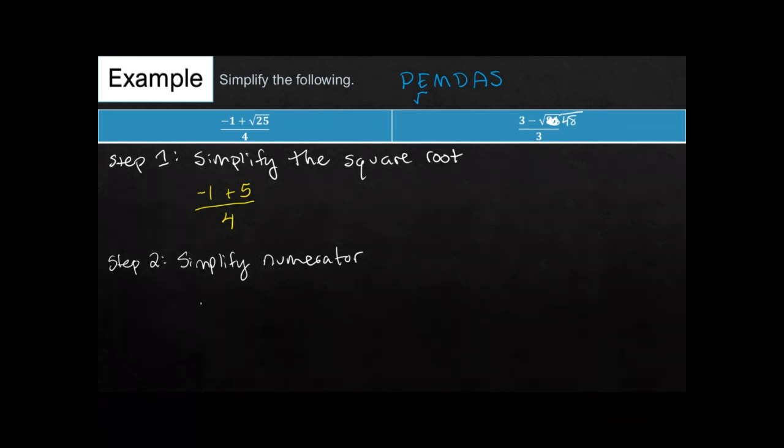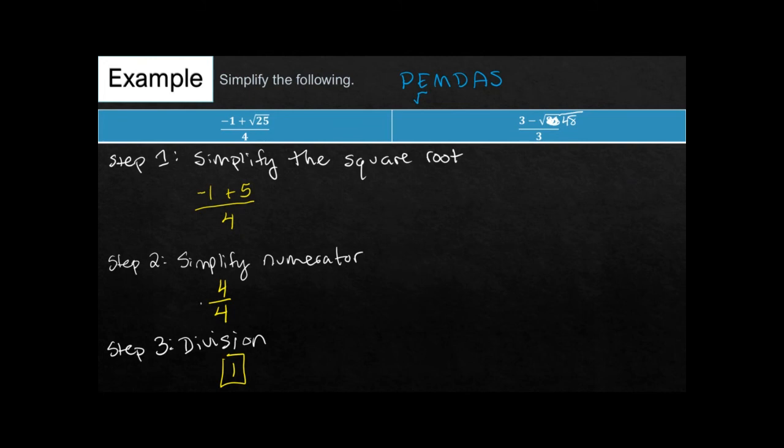We have to simplify the top and the bottom separately before we do anything else. So -1 plus 5 is equal to 4. And then, of course, step 3 is to simplify, or basically to do the division. And 4 divided by 4 is 1. So this will give us an answer of 1.